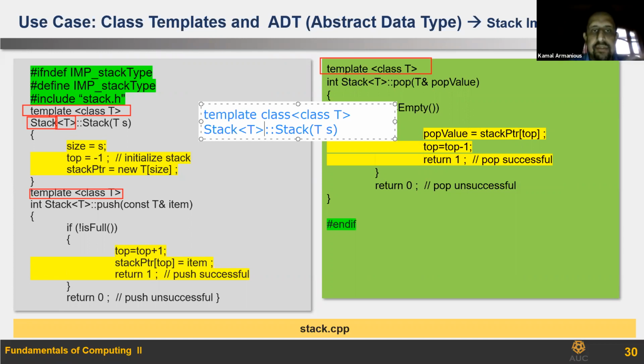So what's new here? I put template class T before the definition of the function, and I put the class name between angle brackets with T. And the function stays as it is, and there is no specific data type, I put T. You can say T, you can say Muhammad, you can say anything. If you know macros in Excel, you define a macro and then you replace every word in the macro with the suitable replacement. So you define a macro to replace Muhammad with Kamal, and whenever I find Muhammad in the program, I will replace it with Kamal.